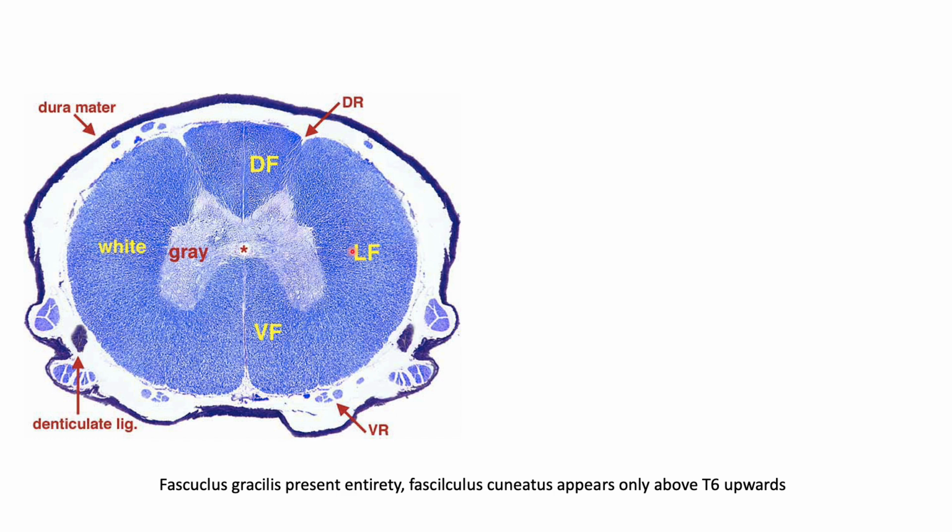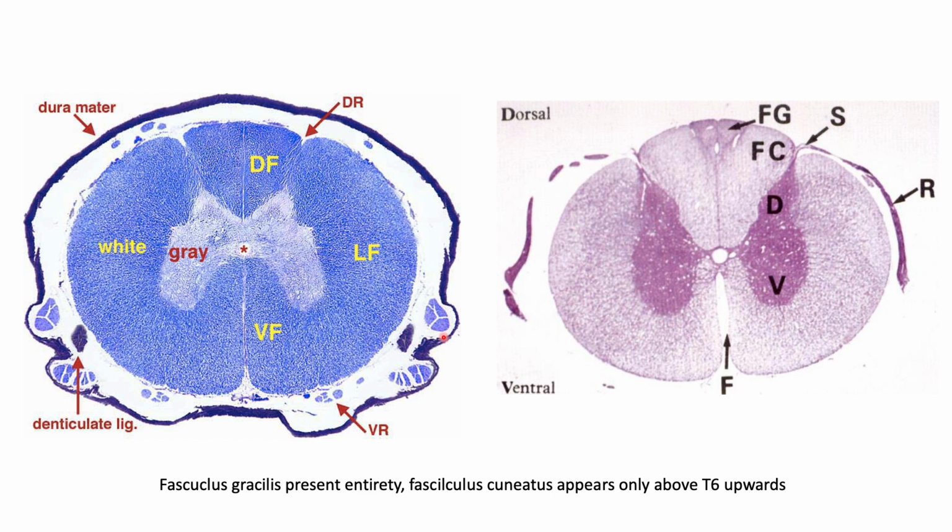And here too, you have a lot of myelinated axons, but a very few number of cell bodies. So for this staining too, you can tell the white matter and then the gray matter.